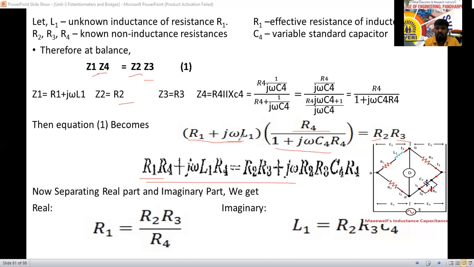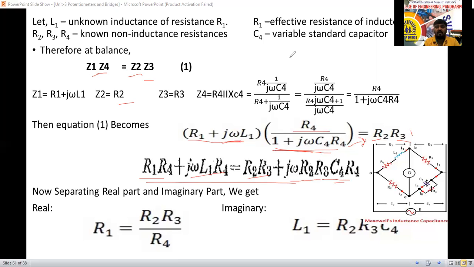The denominator term I will send to the RHS side, so it becomes multiplication: R2 R3 into 1 plus j omega C4 R4. Yes or no? Yes, sir. So R2 R3 into 1 is R2 R3, plus j omega R2 R3 C4 R4, we have written here.